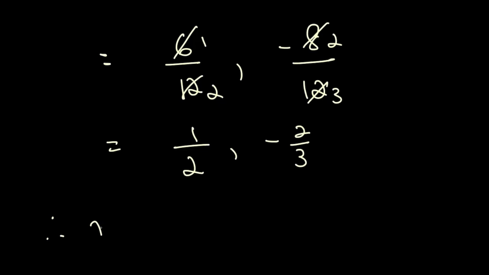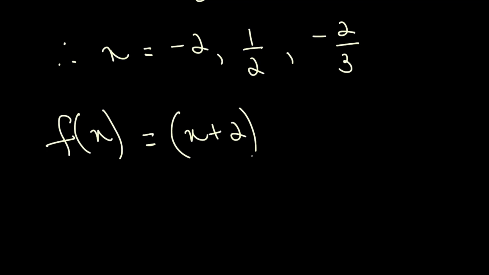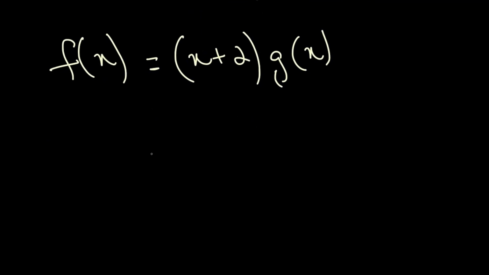Now we therefore have x plus 2 as a factor, therefore x equals minus 2, 1 over 2, and negative 2 over 3. Now, in order for us to state the final factorized equation, which is x plus 2 and a quadratic equation, we need to rewrite these values 1 over 2 and negative 2 over 3 as factors looking like x plus 2. That's what the examiner would like from you.